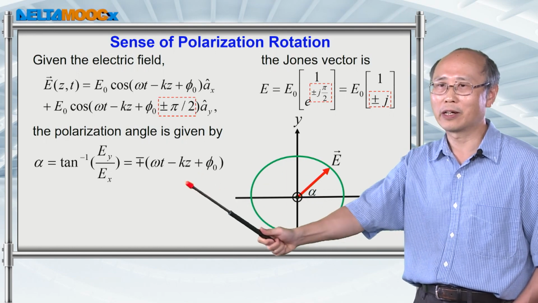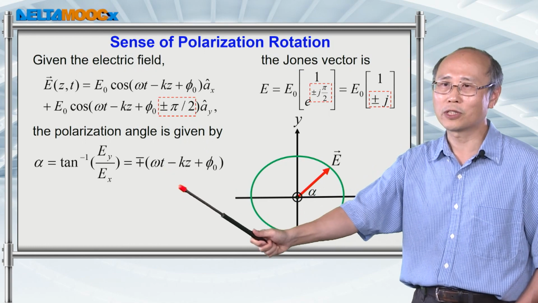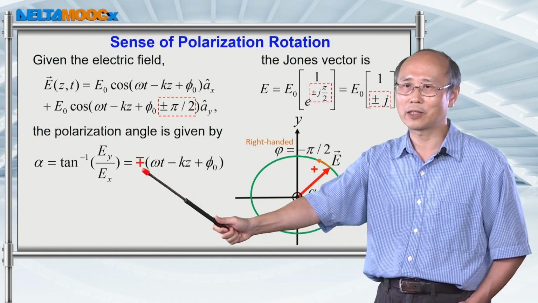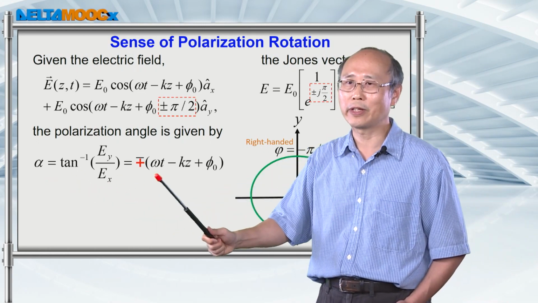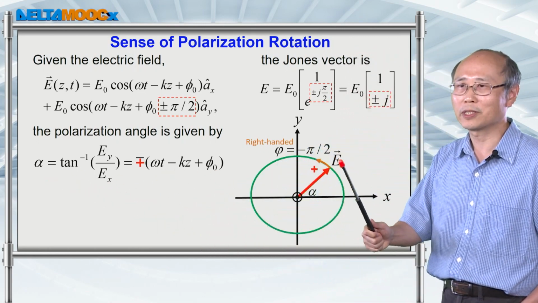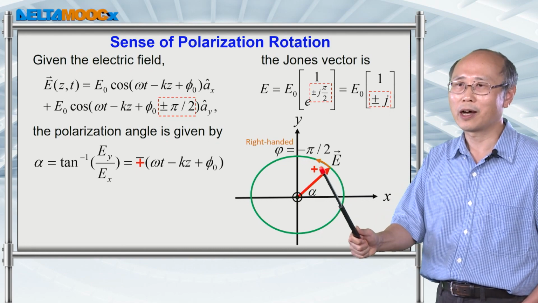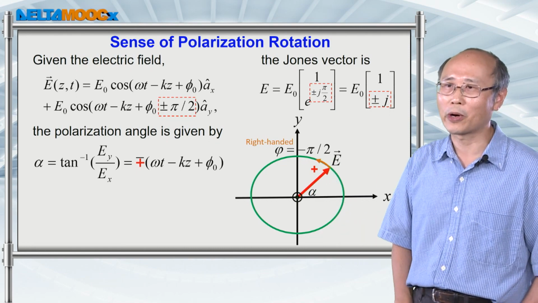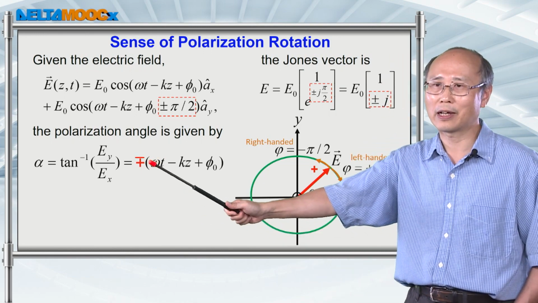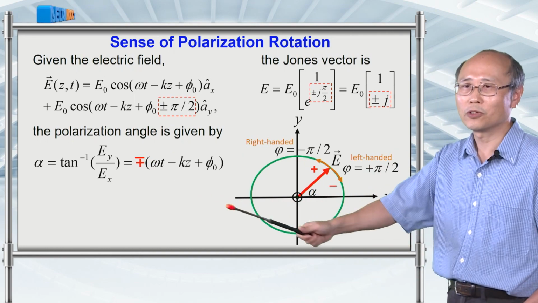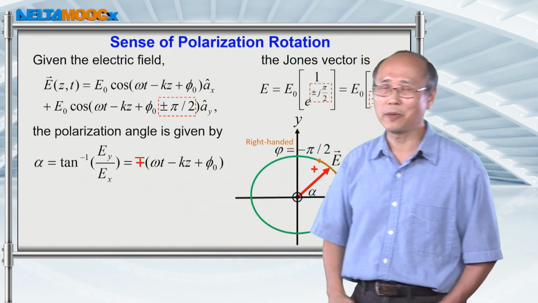So now let's allow time to tick and to increase. Suppose that we pick this plus sign. This means that this alpha angle will increase with time. So this means that this electric field is going to move on this circle along the counterclockwise direction. Conversely, if I take this minus sign, then when time increases, this alpha is going to be more negative.